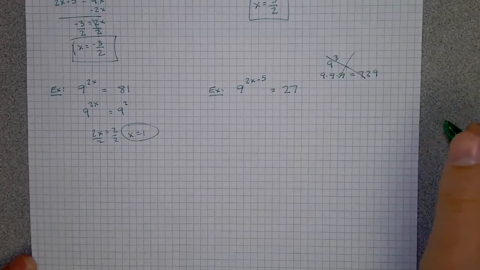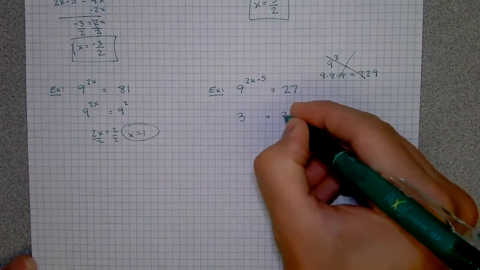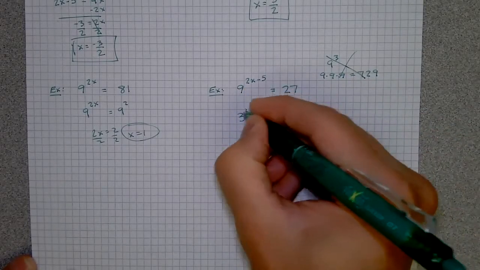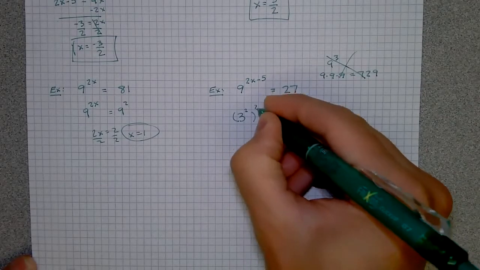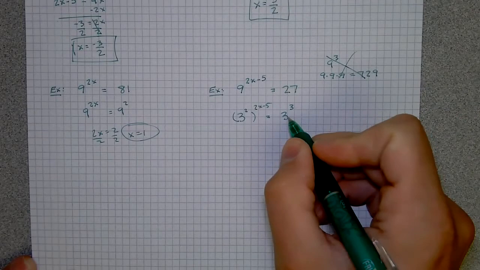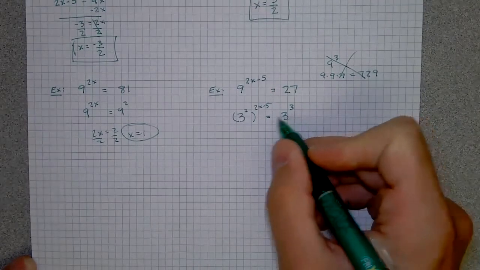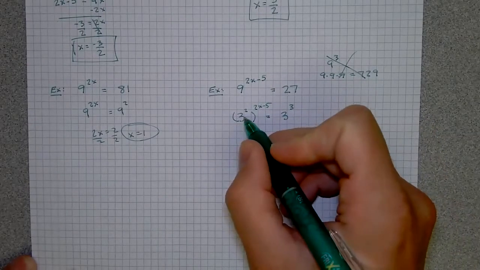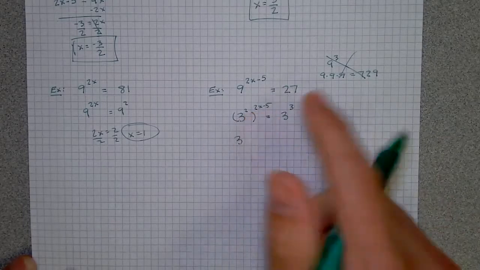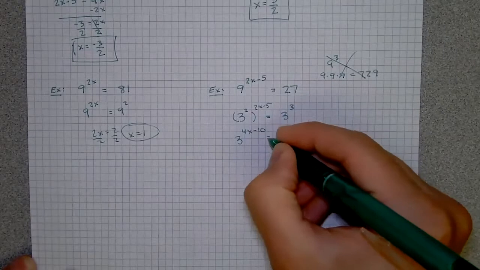So what we have to do is write these both as a base of 3. So we have to change both of these. The 27 we change to 3 cubed. The 9 we change to 3 squared. So now we multiply the 2 by 2x, which is 4x, the 2 by negative 5, which is negative 10.